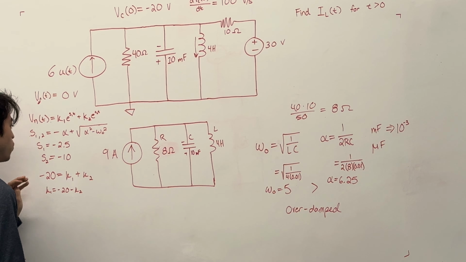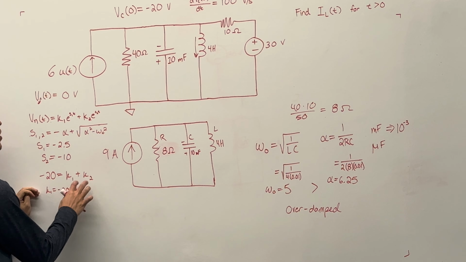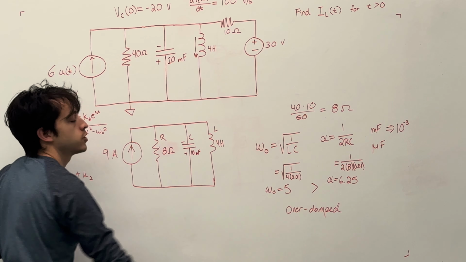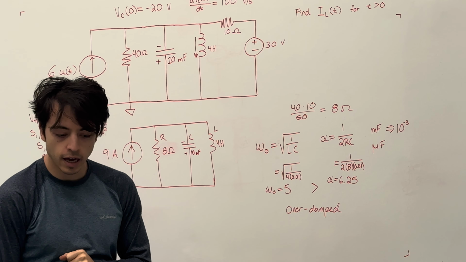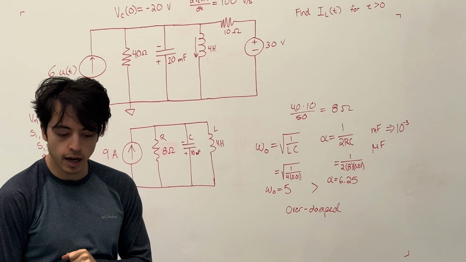So we have one equation with two unknowns. We need one more equation to solve for K1 and K2. We can use our second initial condition that was given, the dVc/dt at 0, to get our second equation. So I'll do that now.